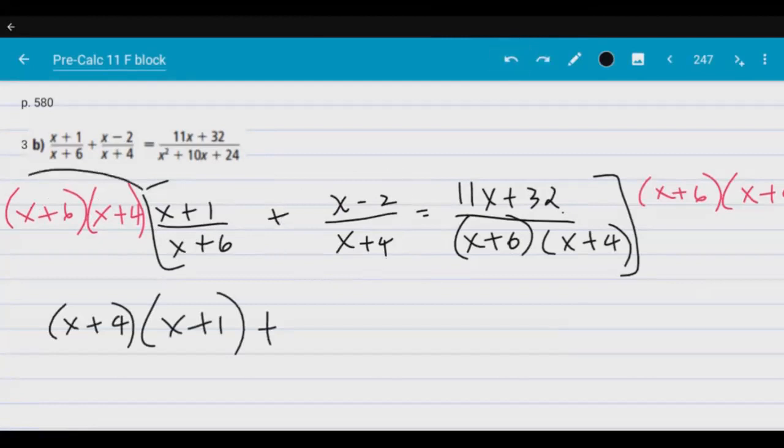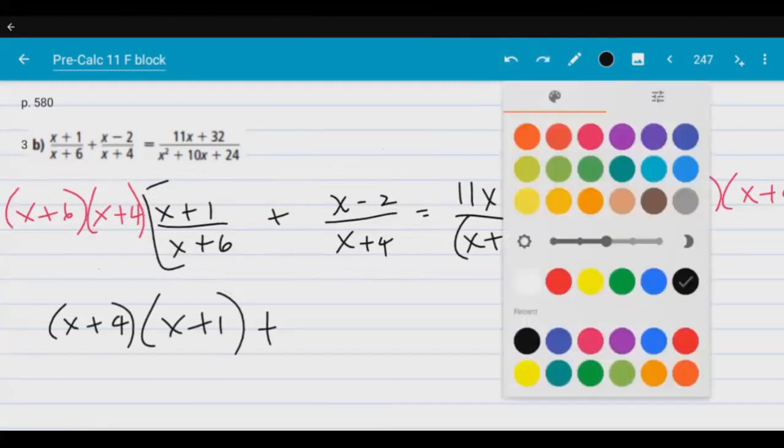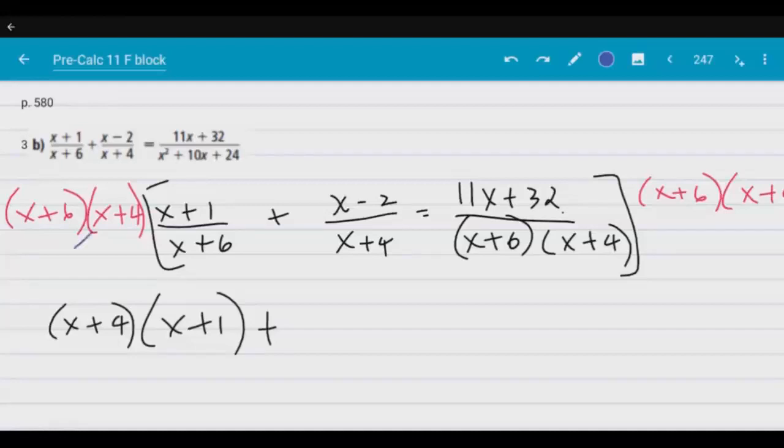As you multiply these two factors by this because of the distributive property, remember what happened when I got this is that these two were multiplied by this. But now I'm going to multiply these two by this. So in that sense, you will sort of think that the x plus 4 cancels out with this one. Therefore, the x plus 6 is multiplied by x minus 2.